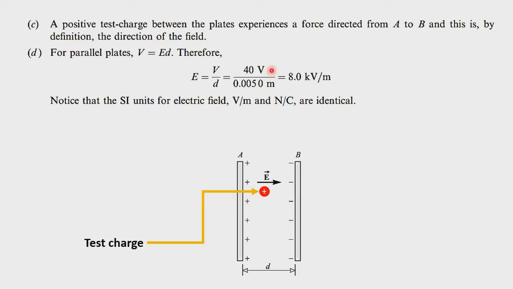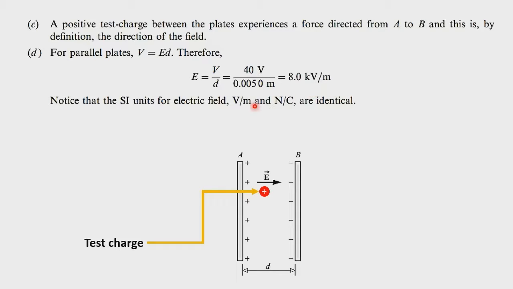Therefore our voltage will be 40 volts divided by 0.0050 meters, because everything should be in volts and meters. So therefore our value for our electrical field is 8.0 kilovolt over meter.